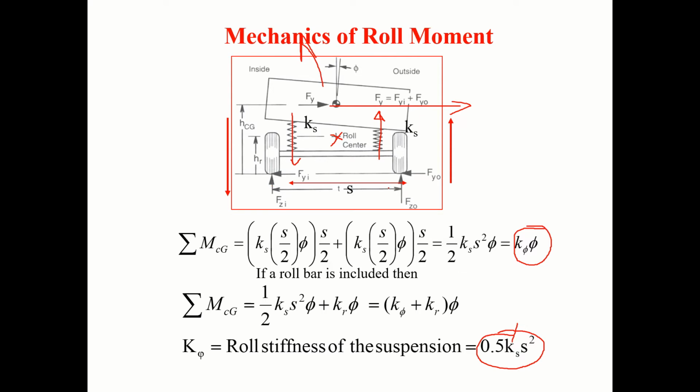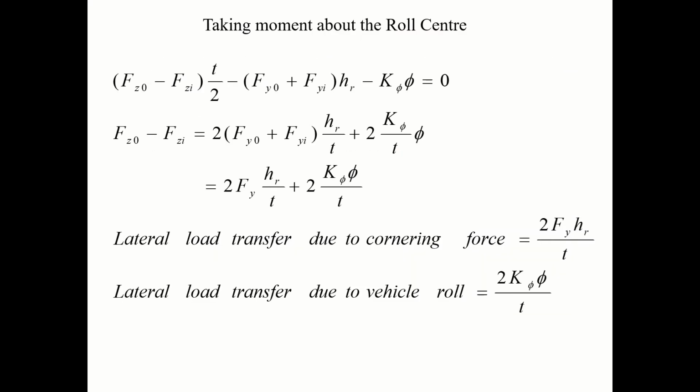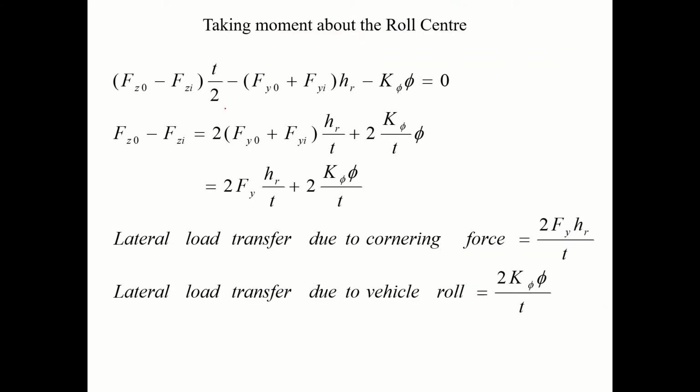Also the distance separating these two is important. So Kφ is this and φ is the roll angle. So for lateral load transfer, we can find out FZO and FZI.